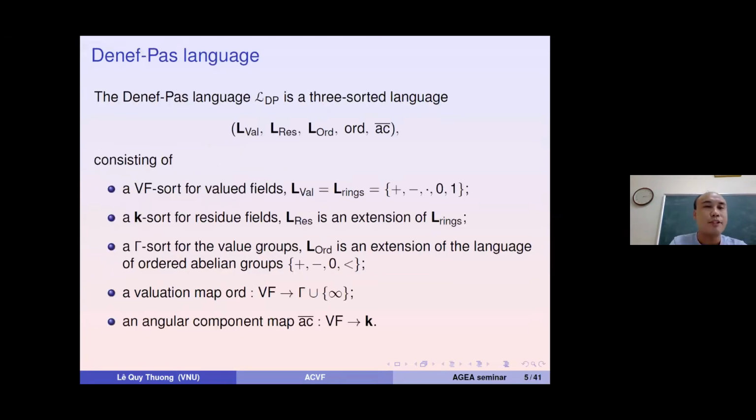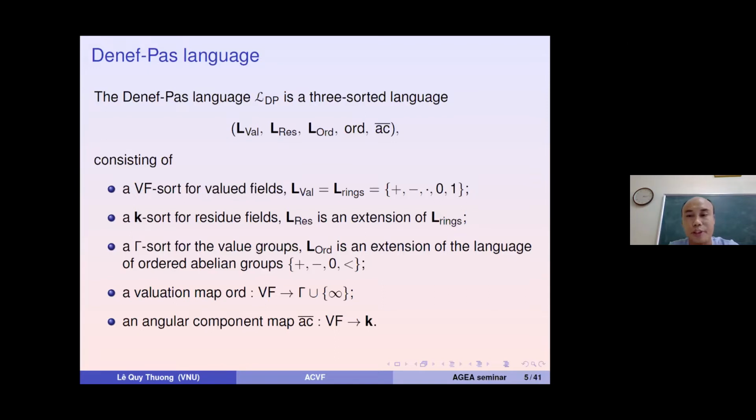First of all, I mention the language of Denef–Pas. The language of Denef–Pas has three sorts, consisting of L_VF, L_res, L_Γ, and two additional symbols ord and ac-bar. The VF sort has the language L_ring.